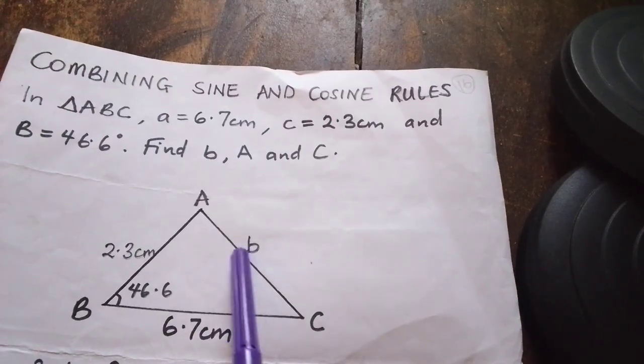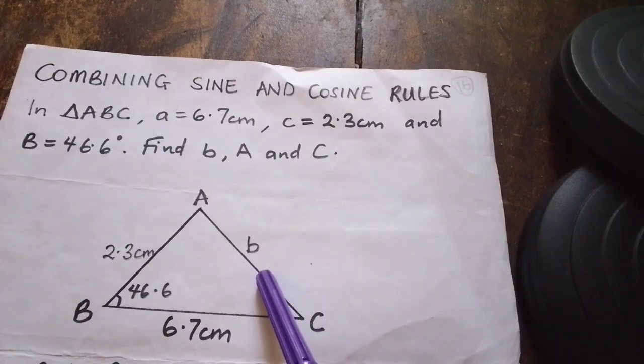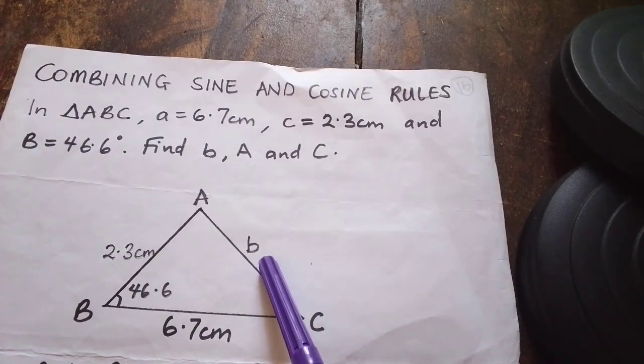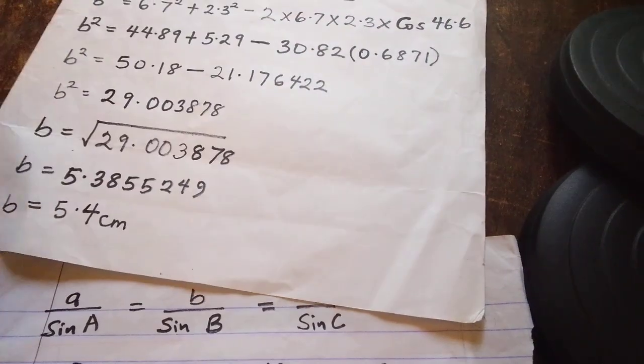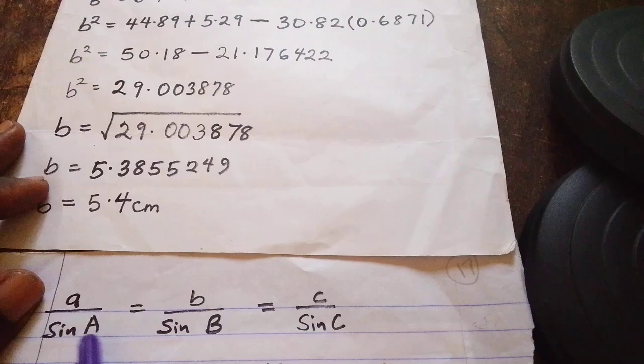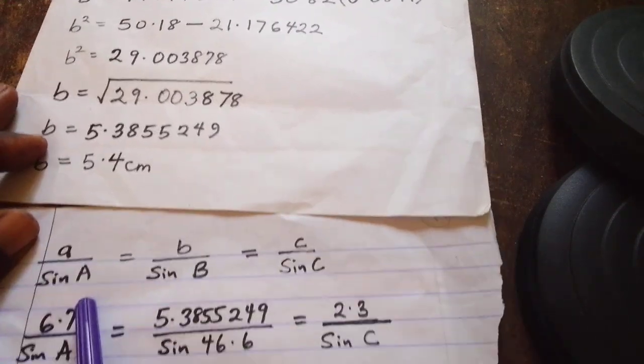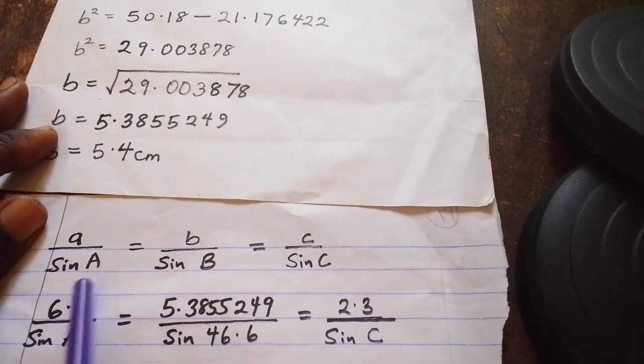Now we have been able to calculate the value for B to be 5.4 centimeters. Now we are going to get the formula for the sine rule. The formula for the sine rule is A over sine A equals B over sine B equals C over sine C. From the question, the value for our side A is 6.7 over sine A, the angle A we don't know.